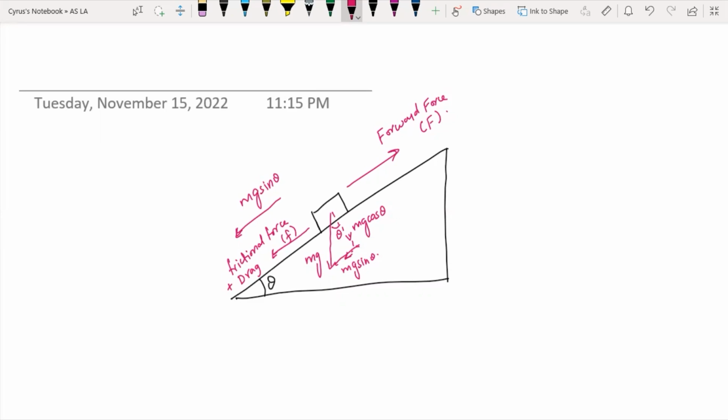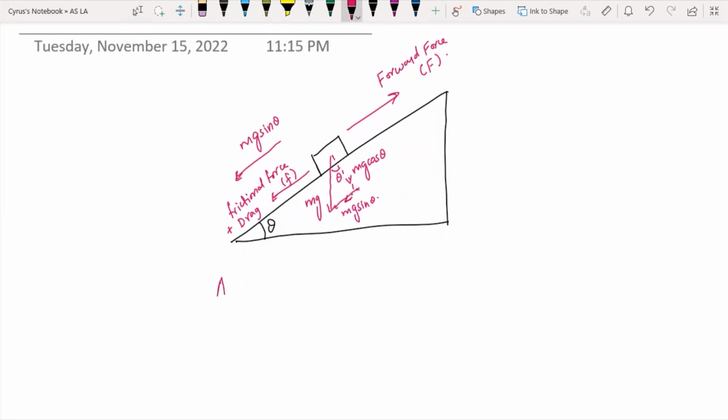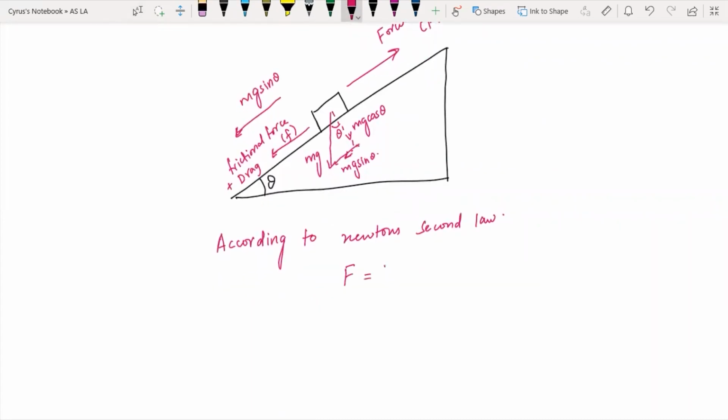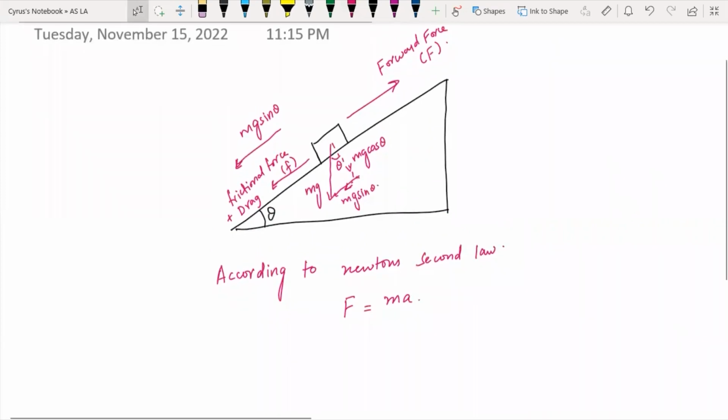Now, according to Newton's second law, you should know that the resultant force is always equal to mass times acceleration. In this case, if it is at equilibrium, it would be moving at a constant speed or it would be at rest, okay? If it is at constant speed, obviously it will be moving at that speed.